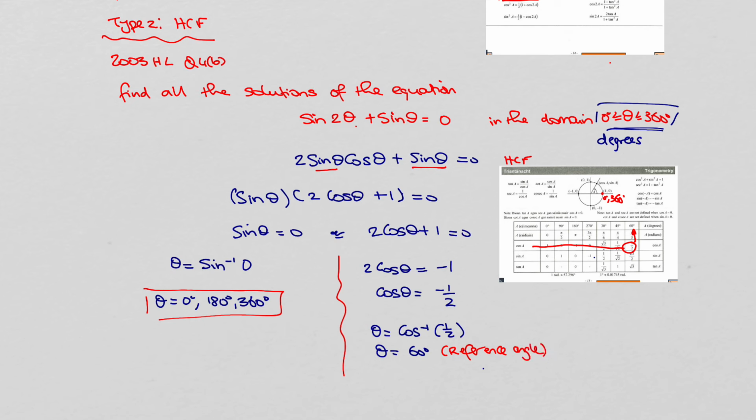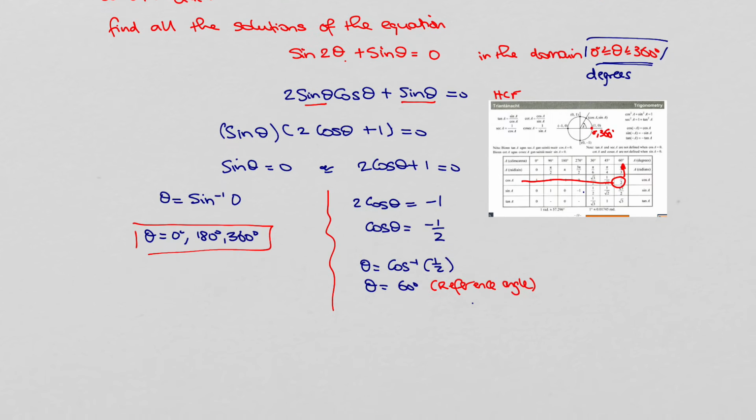I'm going to use that then to figure out all of the possible values that would give me minus a half. So we have to remember from our unit circle: first quadrant, second quadrant, third quadrant, and fourth quadrant. We're looking at cos here, and it being minus a half. So where is cos negative? Cos is negative in the second quadrant and also in the third quadrant.